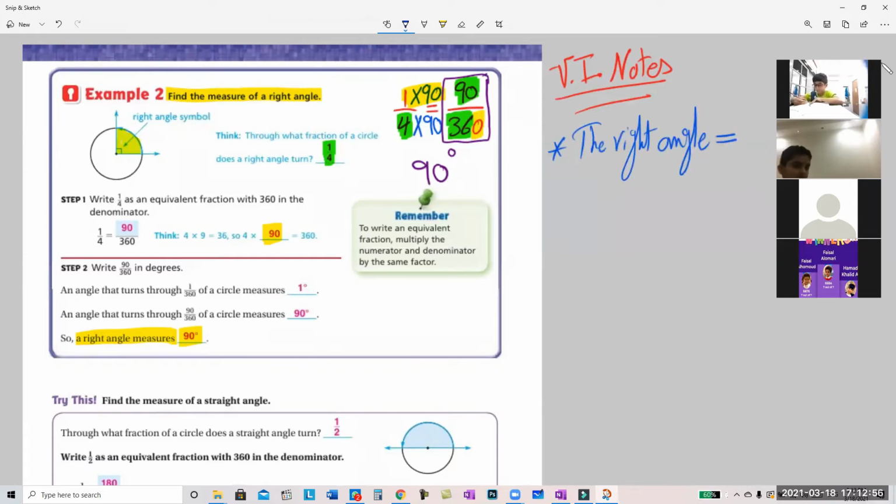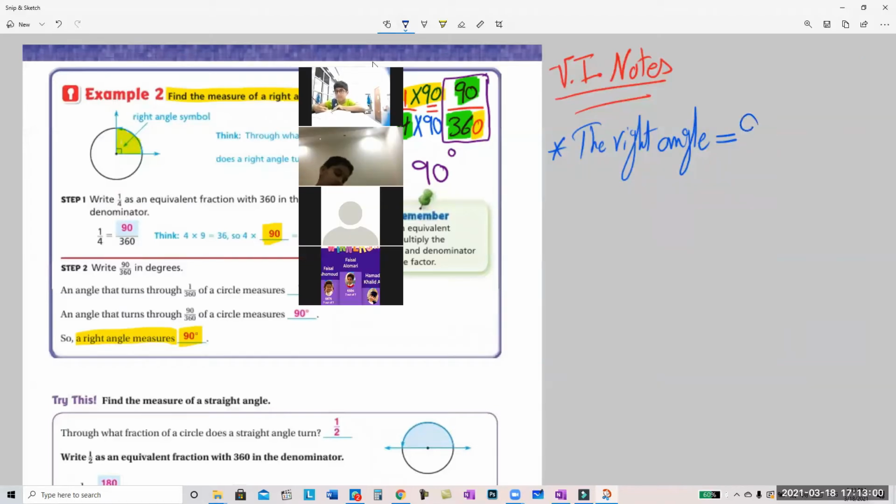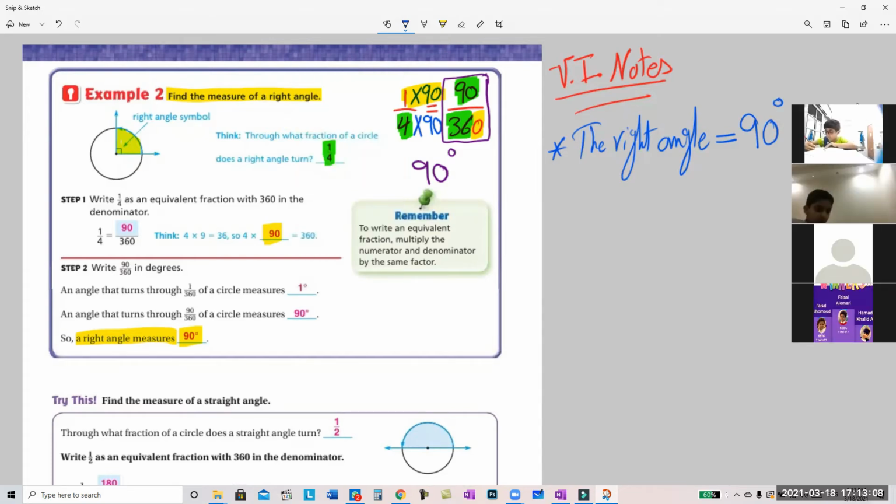The measure of the right angle equals 90 degrees. Okay, write this after me, please. So that's the measure of the right angle. As we all know, any number with 360 as the denominator, we can write it with degrees like you see here.